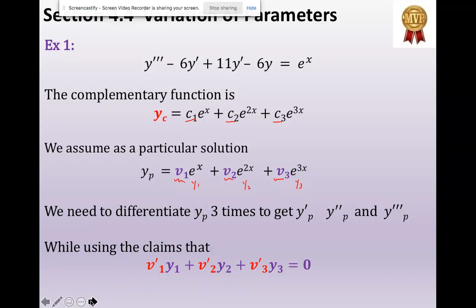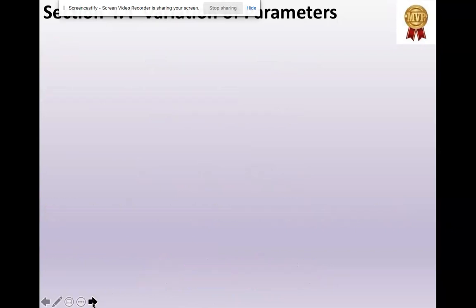We want to claim that equation is equal to 0, as well as the pieces of the first derivatives of our unknown v functions with our known y functions, their derivatives. Both of those equations we're going to claim are equal to 0.